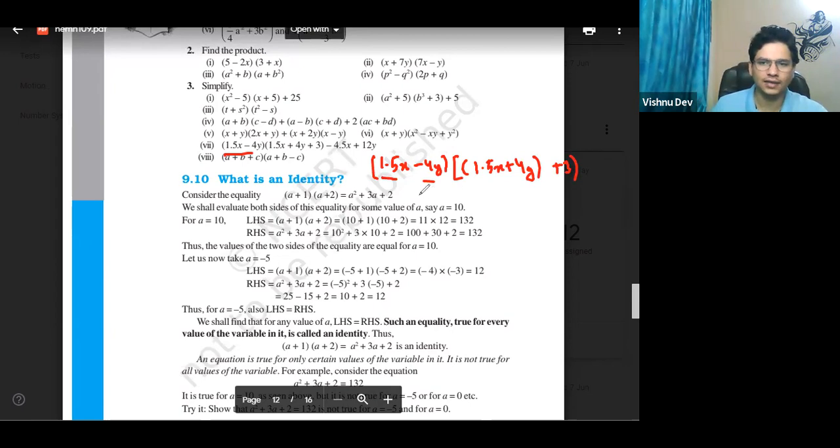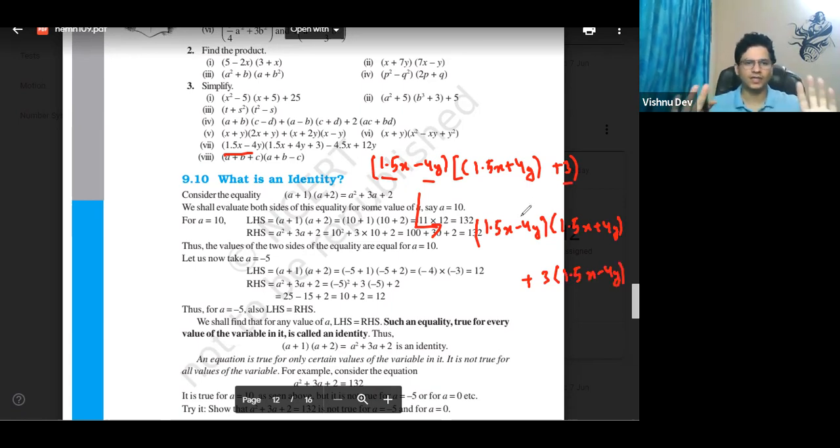So, can I just rewrite this as 1.5x minus 4y into 1.5x plus 4y, plus 3 into 1.5x minus 4y?